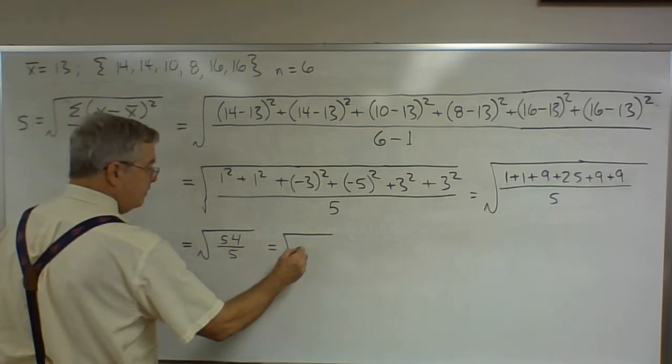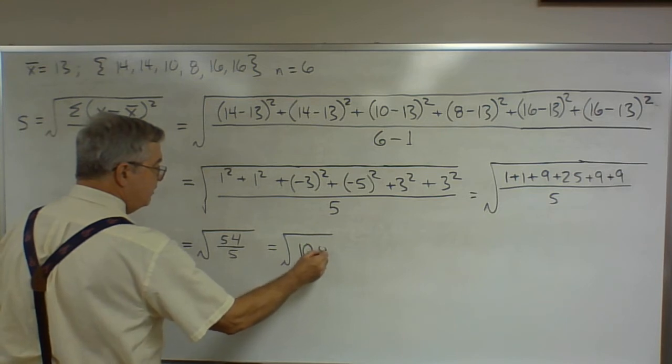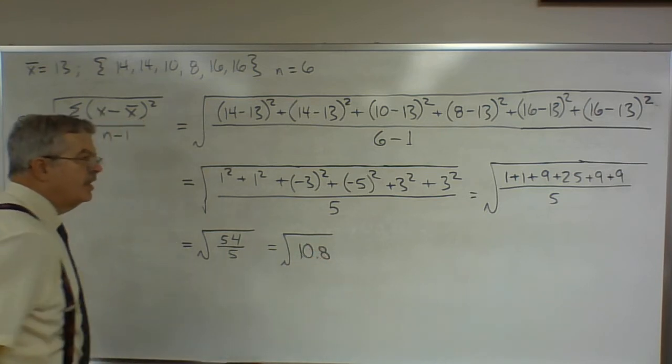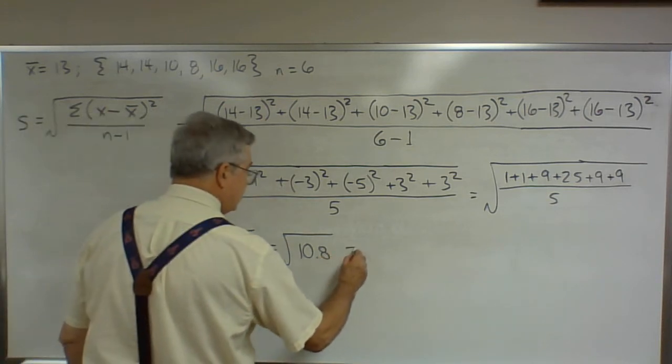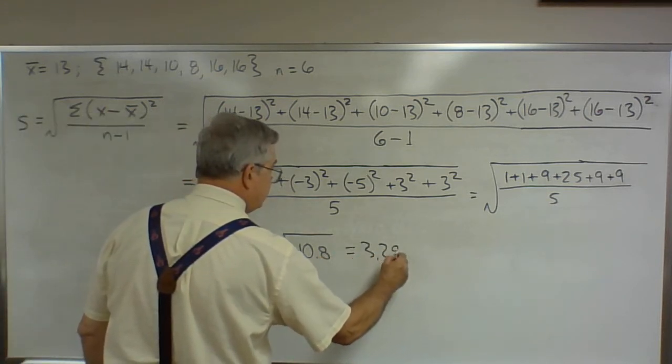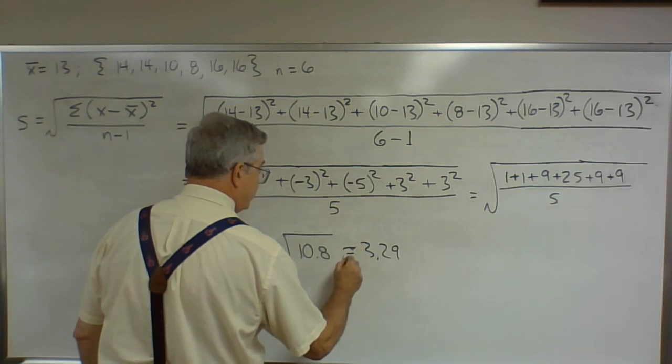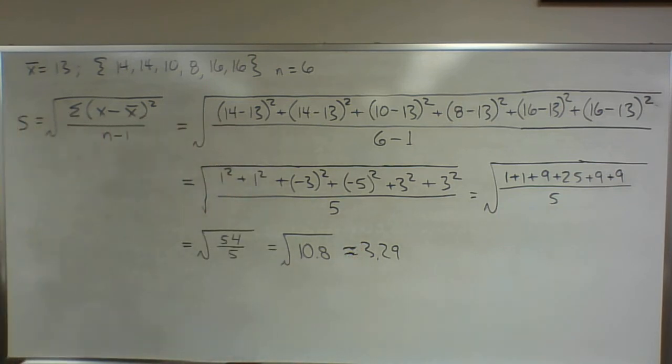And this turns out to be 10.8 under the square root. And I worked this out earlier, and when I did, I got 3.29 approximately. Standard deviation, S, is approximately 3.29 units.